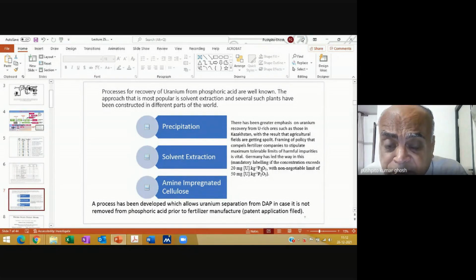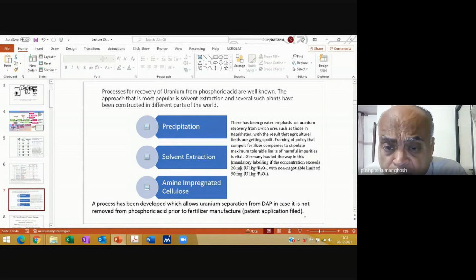And what they further said is that if it is more than 50, then it is not negotiable. You cannot sell it, which means that you either recover that uranium from phosphoric acid, or if you have not done that, then you better take it out from the fertilizer which you have made, which is off spec. But nobody will allow you to put things in the field which have more uranium than this.